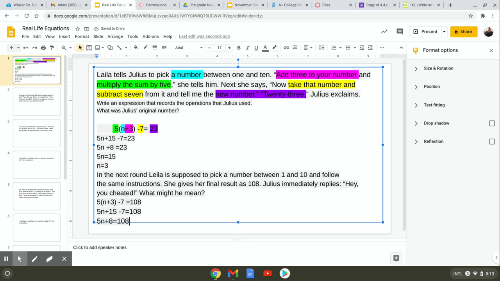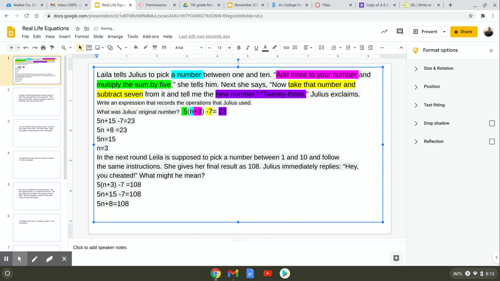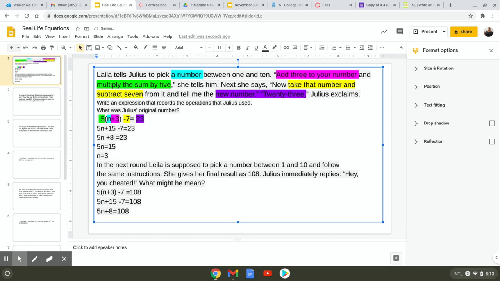Then you would have subtracted 8 from both sides. Let me see if I can move this up. And you would have gotten 5n is equal to 100.